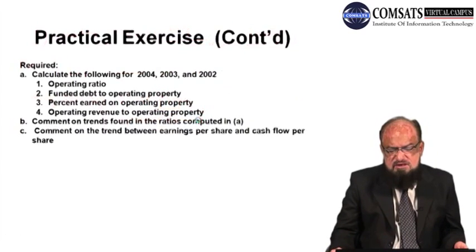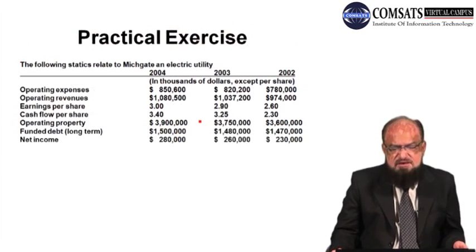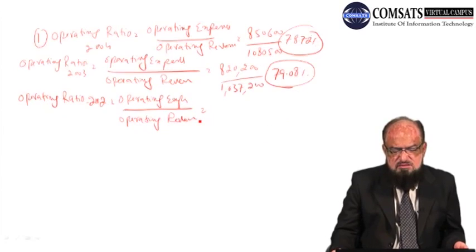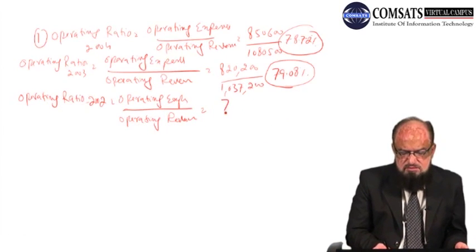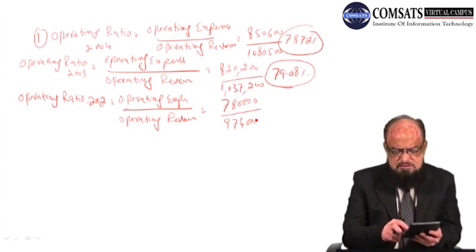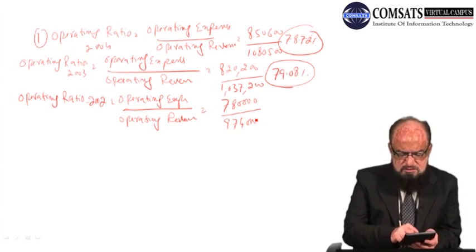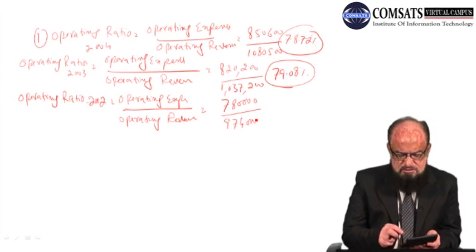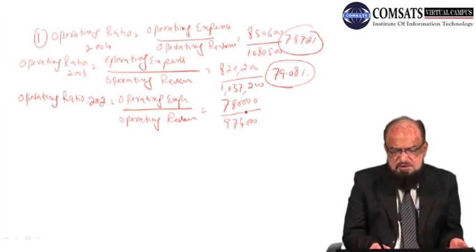Operating expenses is given in the question, that is 780,000 divided by 9,74,000 multiplied by 100, 80.08%.